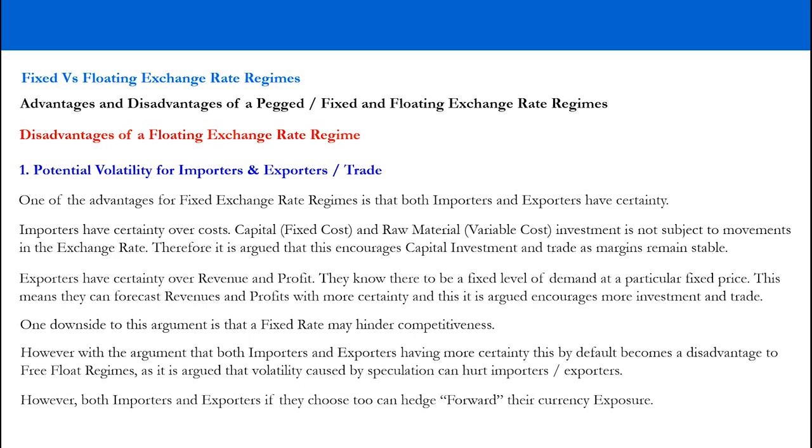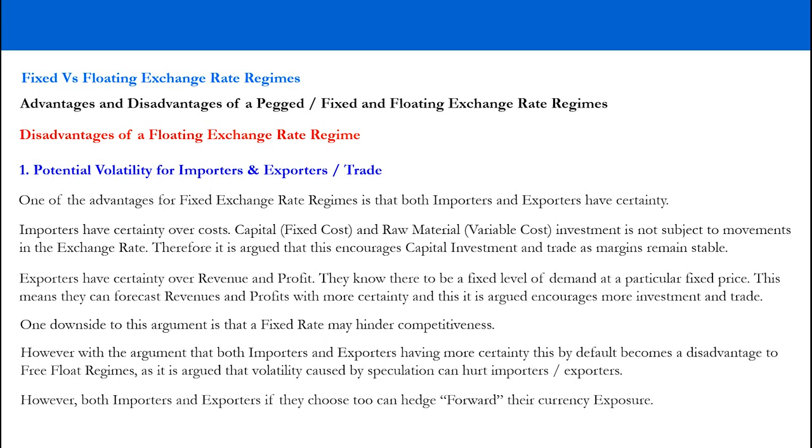But there is also a downside to this argument because it can actually hinder competitiveness. Now, when you get certainty in both of these cases for importers and exporters, it can decrease competition in the industrial sectors or the service sectors that they are actually in.